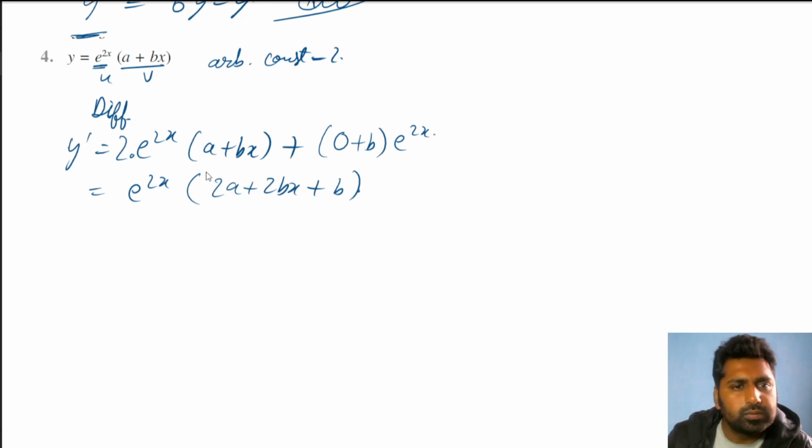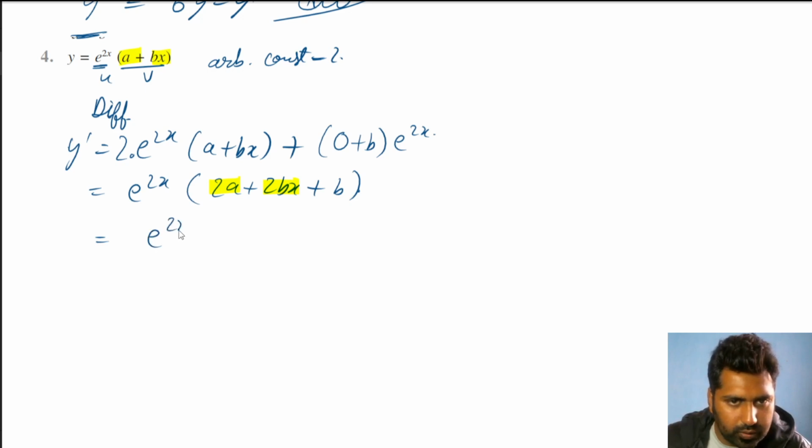Okay, good thing. You look at this thing: 2a and 2bx, a and bx. This is like double of it. So what I'll do is I'll write this as e raised to power 2x into (2a plus 2bx) plus b into e raised to power 2x.